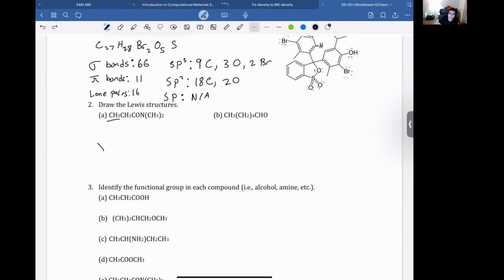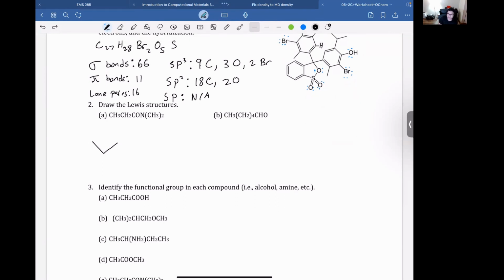There's 3 hydrogens that I have not drawn in because I don't have to, based on the line and angle structures. Then we have CH2, which is going to be this carbon down here, the one that the CH3 is connected to. Then we have CON, so this is the carbon.